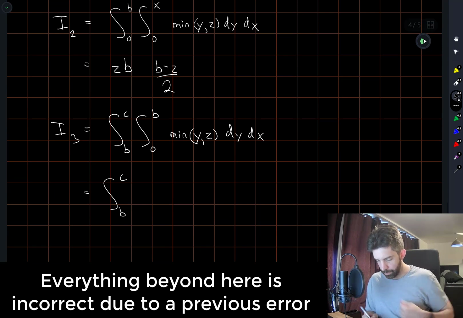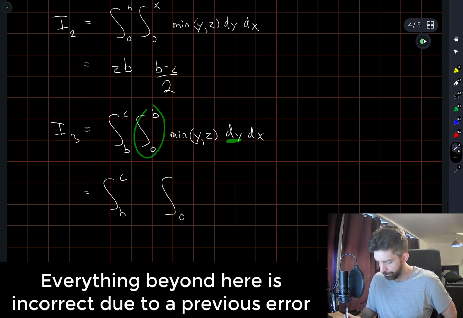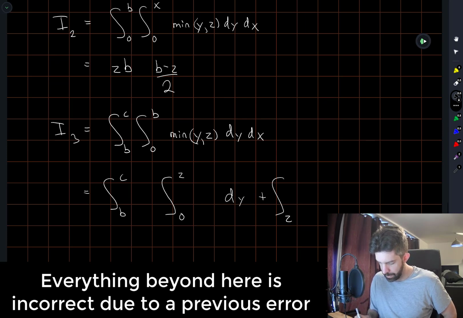Now this integral from 0 to b, I'm going to split that up. The dummy variable y is changing from 0 to b. I'll write this as an integral from 0 to z dy plus an integral from z to b dy. And so when y is small, we're integrating y here.